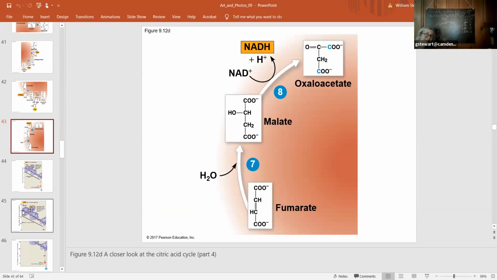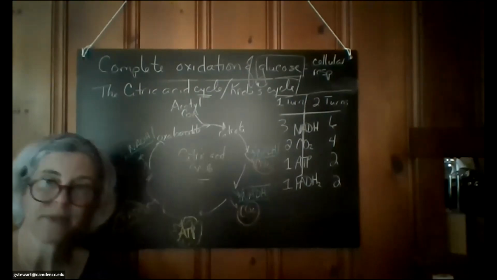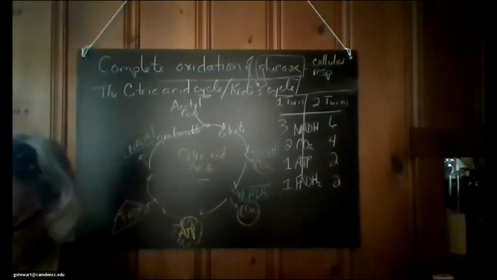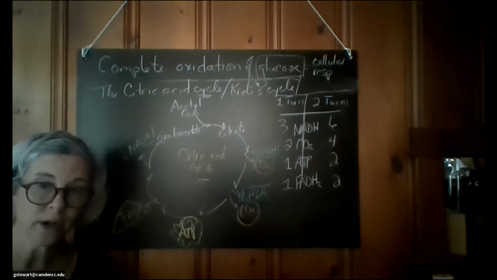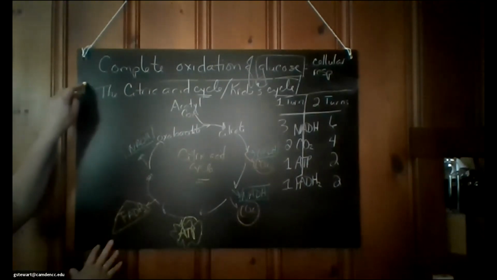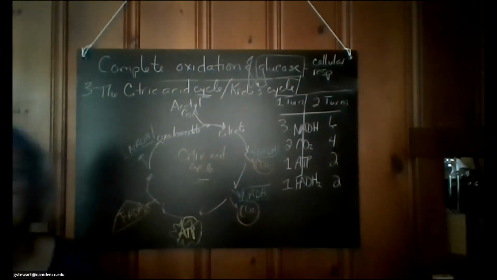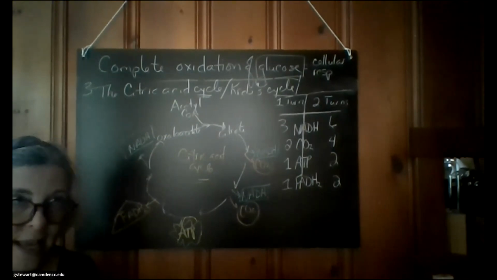Okay, now the last step is the hardest. The last step is the electron transport chain, step 4. This was step 3. Step 4 is called the electron transport chain and ATP synthase.